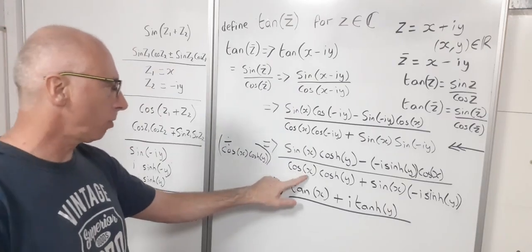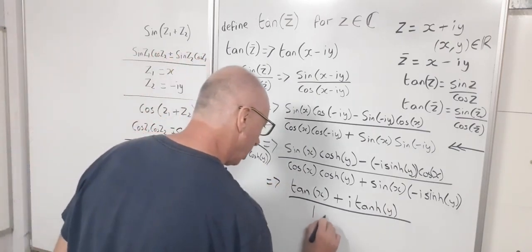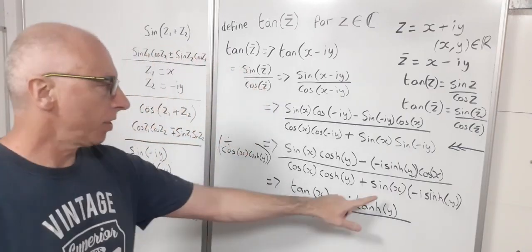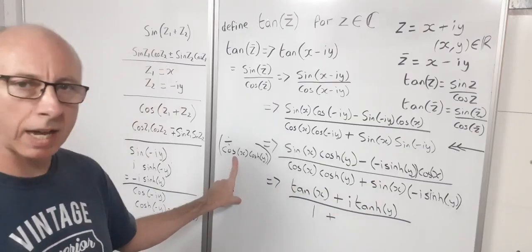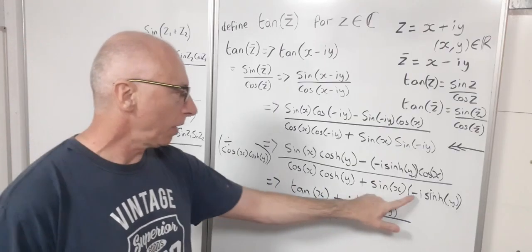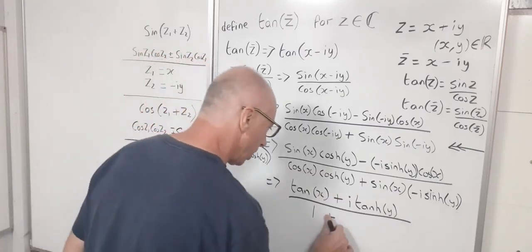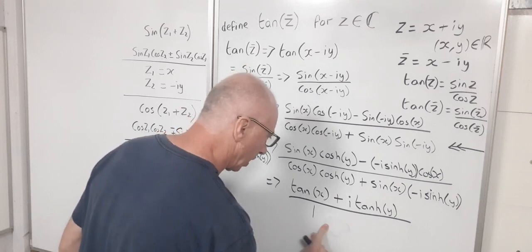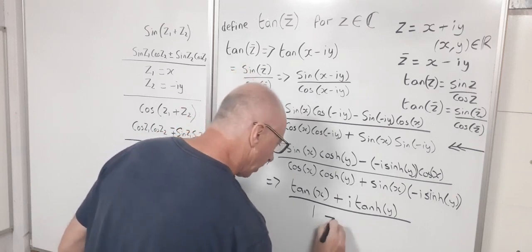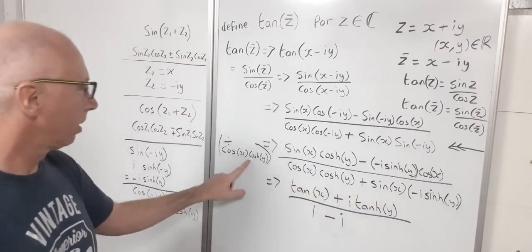Okay, now what about this one? If I'm going to divide that one by that, that's just going to turn into 1. And then I've got sine of x here, nothing to do with that. Something good will happen when I divide by cosine. But I've got this minus i and plus, so I'm going to write minus i first. So change this plus to a minus. So let's get that off the board. And minus i. Now let's divide this.